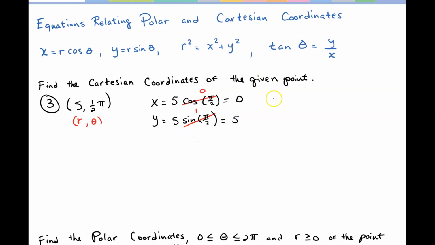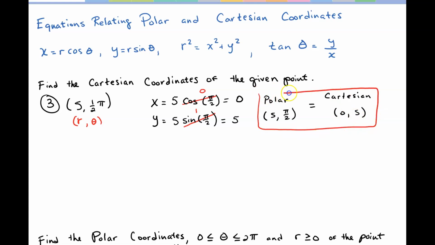So if we are writing out our polar coordinates, which were 5 and pi over 2, its equivalent Cartesian coordinate is just going to be (0, 5). Okay, so that's the answer for this first question.